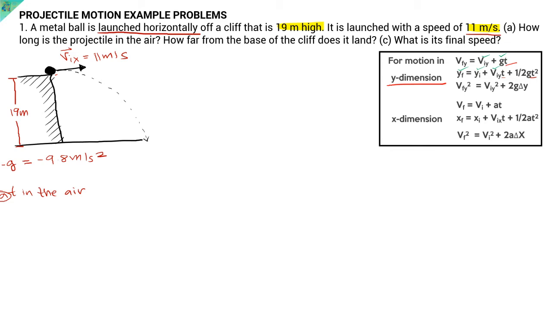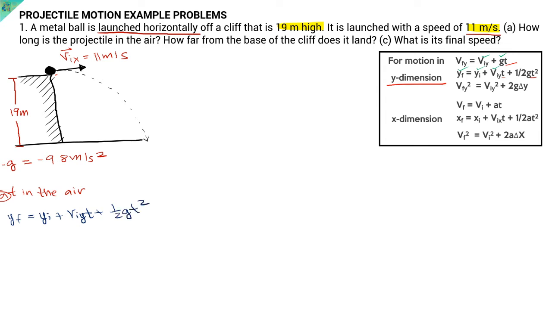So between the first and second equations, the most appropriate one would be the second equation. The third one, obviously we can't use because there's no time in that formula. So let's write it here: yf is equal to yi plus viy t plus 1/2 g t squared.